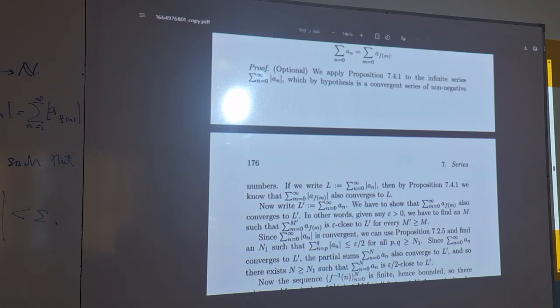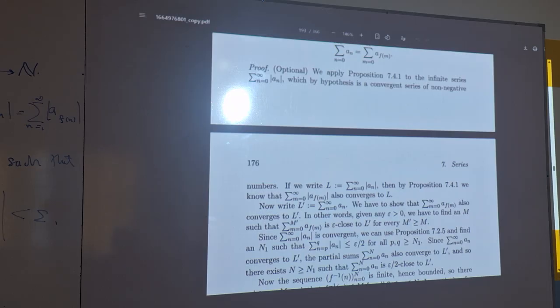No, L is without, L dash. Okay, where am I? Since a n converges to L dash, the partial sums, n going 0 to capital N of a n. We don't have a capital N in the proof so far, no? No. Also converges to L dash. That is true as capital N tends to infinity.